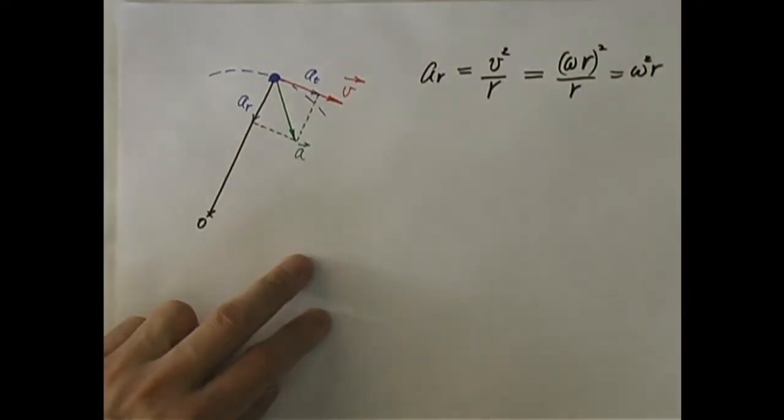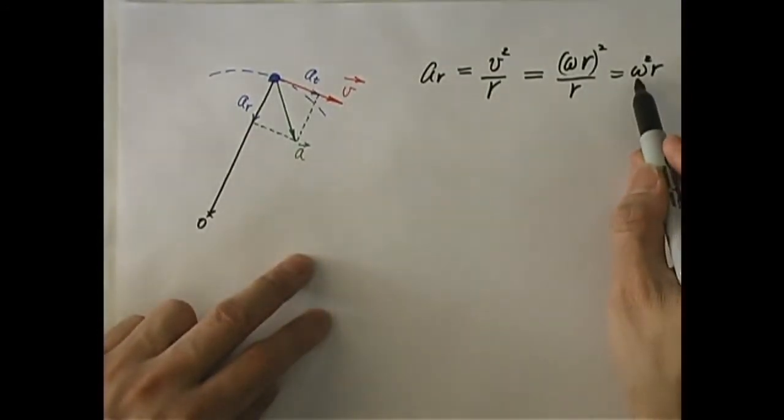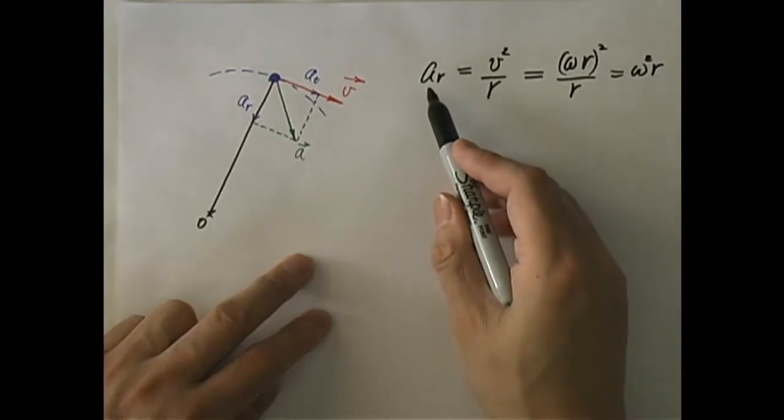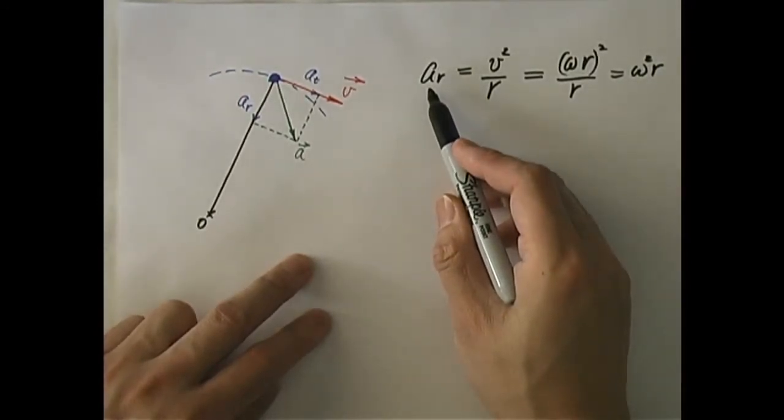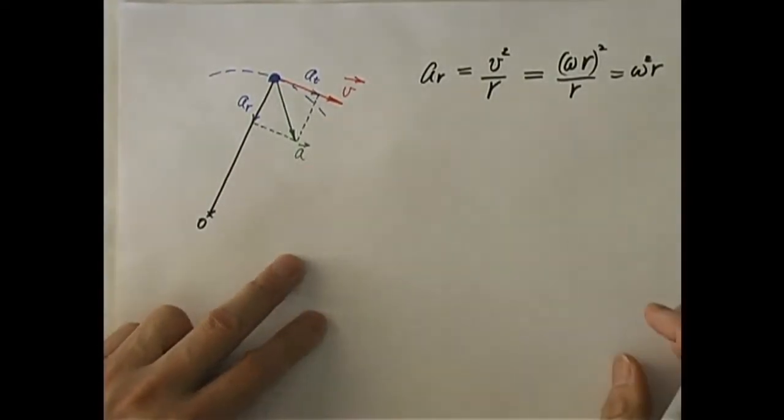So you see, even though in a rigid body rotation every point has the same omega, they do not have the same radial or centripetal acceleration. An object at a point further away from the axis of rotation will experience a greater centripetal acceleration because it's proportional to r, the distance between that point and the axis of rotation.